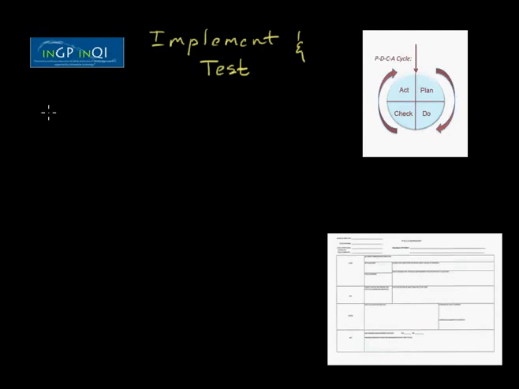We're going to start with what is the real purpose of this process. When you think about it, the role that the PDCA cycle plays is this sort of iterative process. We're going to test, we're going to modify, and we're going to test again.